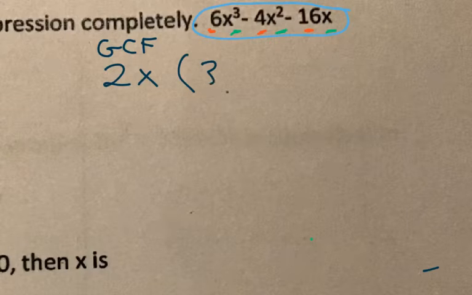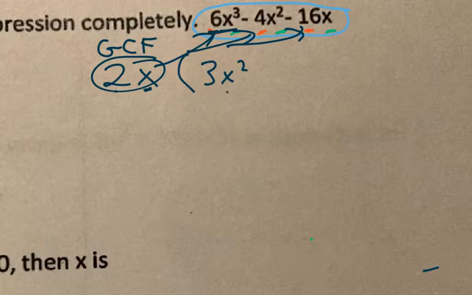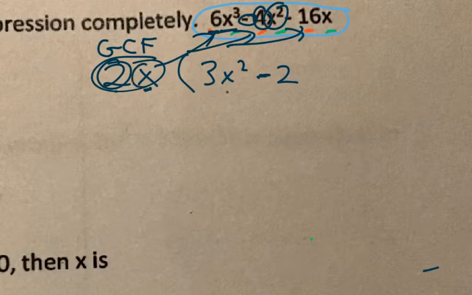I know 2 times 3 is 6. X squared times x is x cubed. Another thing you could do is just take this and divide into each one. Same result. Notice the minus, and then the 4 divided by the 2 is 2, and the x squared divided by the x is x.